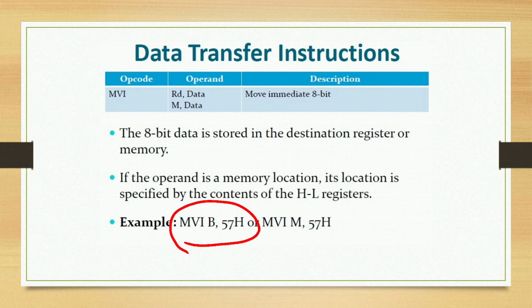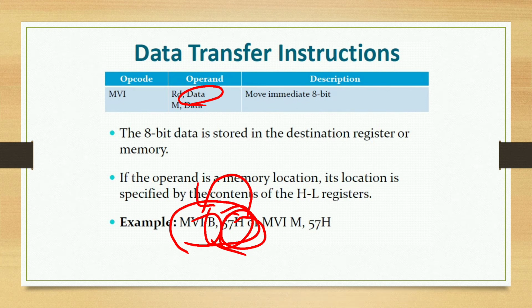RD is the B register and data is 57, which is 8-bit data. 57 is moved to the B register, meaning move immediate data, that is 57, to register B.